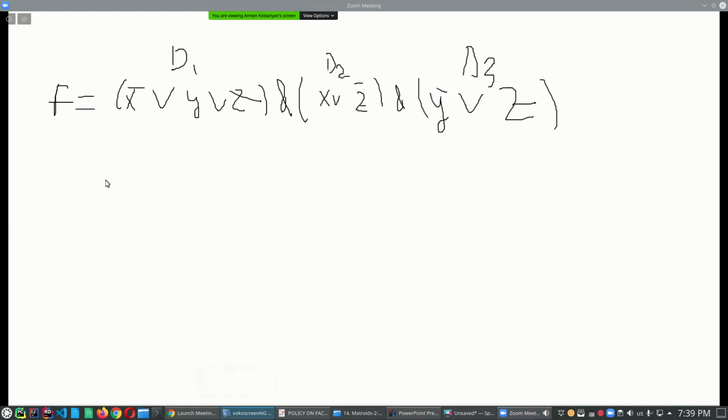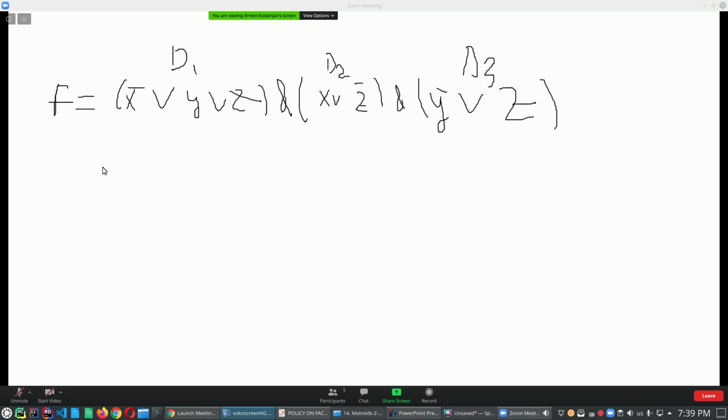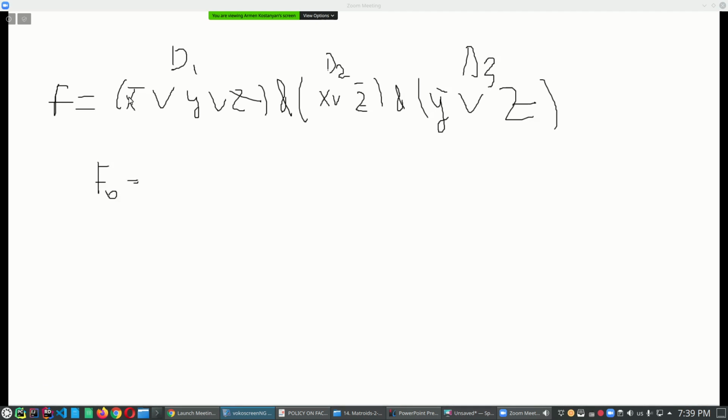So following our method, we consider formula F0. In F0, we assume that x is equal to 0. As a result, we get the following formula. If we substitute x equal to 0, this disjunction evaluates to 1.